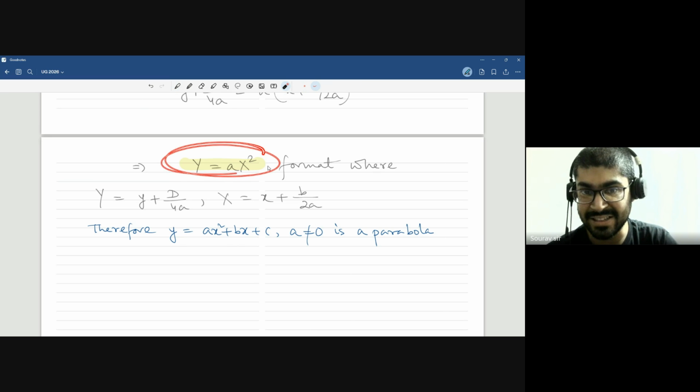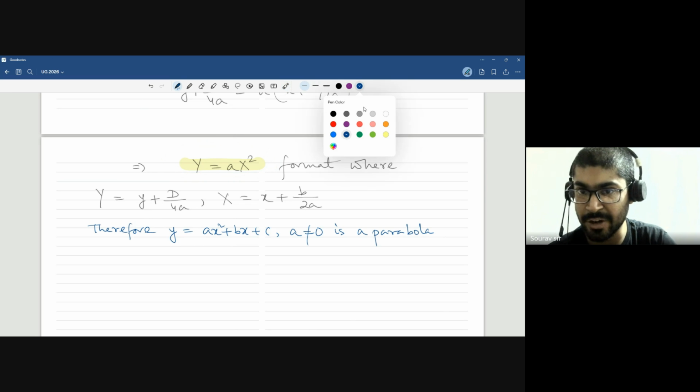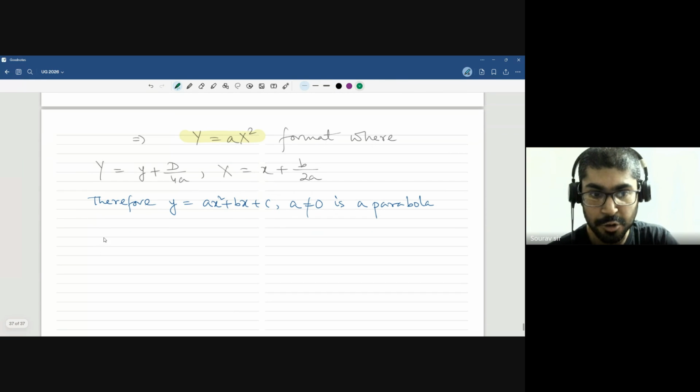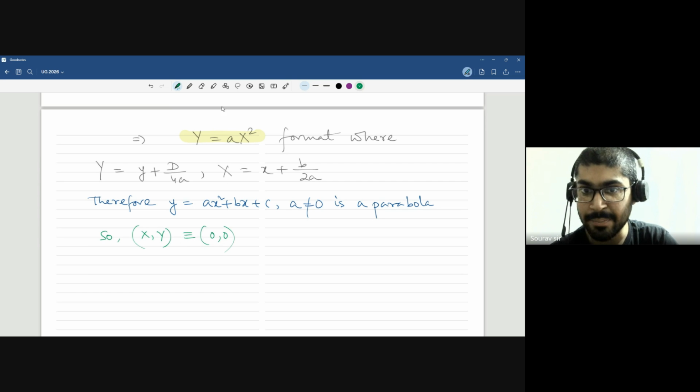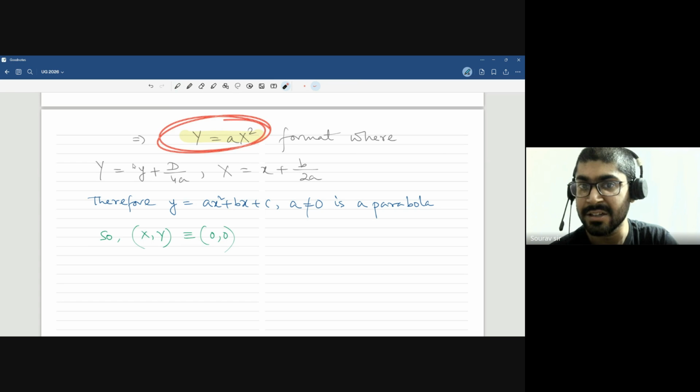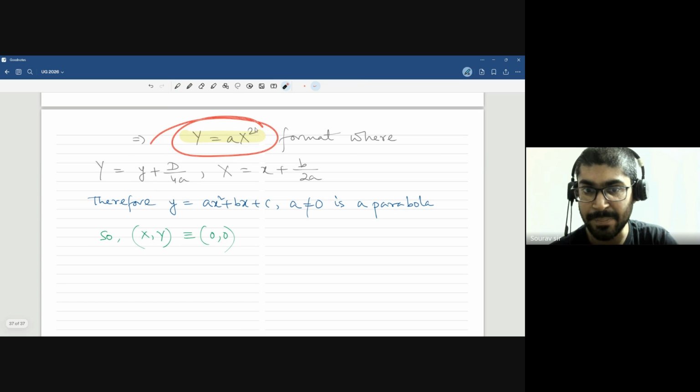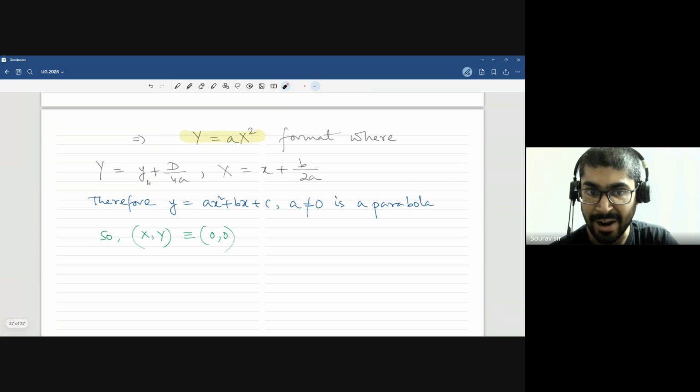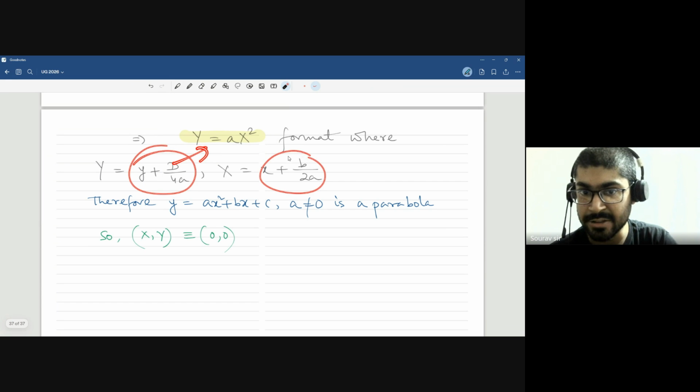So if this is the parabola, and for a parabola of this format, the vertex is at the origin. So capital X comma capital Y is equivalent to the origin, because for this particular parabola the vertex is at the origin, but this particular parabola is obtained by a shift using these variables.